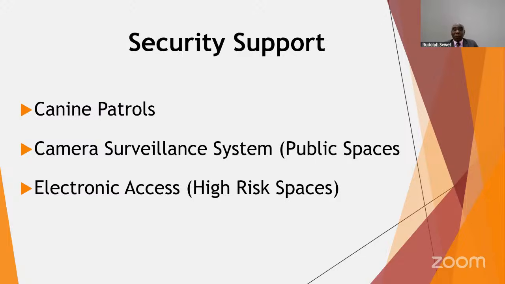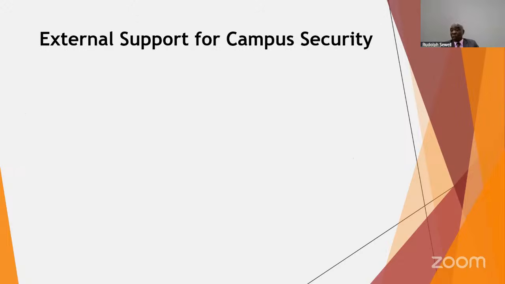We do have a few places with electronic access, high-risk areas, and that's another thing that goes in. Not all classrooms per se, but some of our offices and so on that are high risk, we do introduce electronic access in support of the operations of our security officers. We do also have external support.